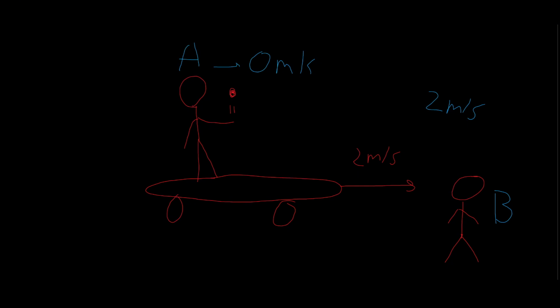The guy standing on the ground will see the cart moving, and the guy standing on the cart is throwing the ball. Therefore, the ball is also moving at the same speed as the cart. So this guy will see the ball moving at 2 meters per second in the horizontal direction.